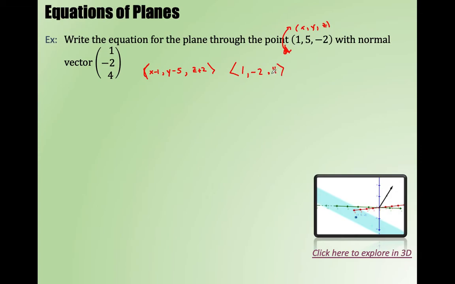And what do we say was true about every vector in the plane that I want? It has to be perpendicular to the normal. And to get perpendicularity, the dot product needs to be equal to what? 0. That means perpendicular.